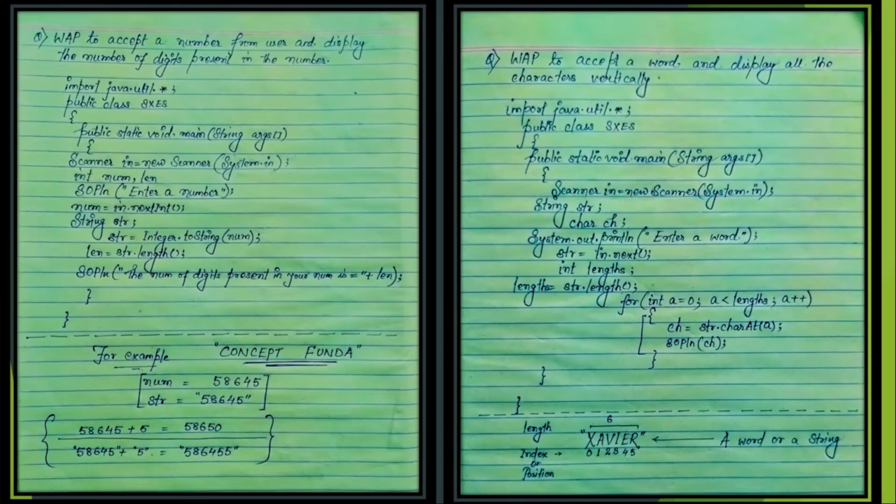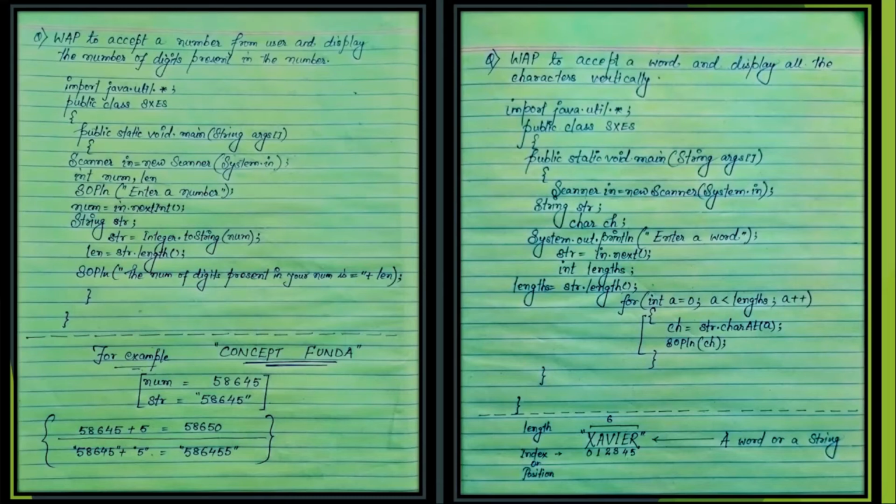After that I have utilized a for loop. Let me make you understand. Let's suppose the user gave the word as Xavier. Now you are supposed to find out the length of this word. The length of this word is how much? 6.